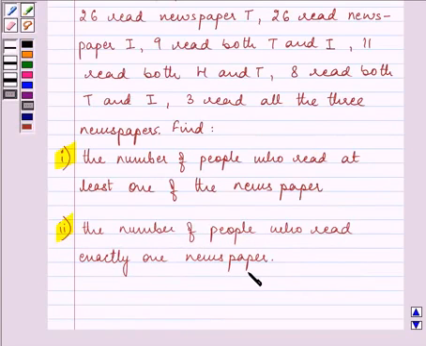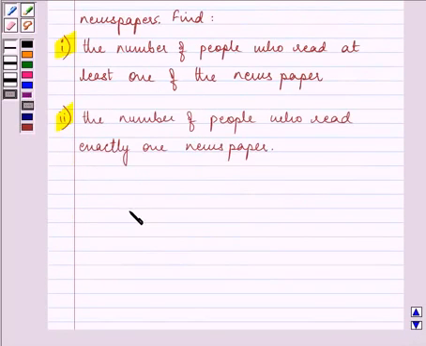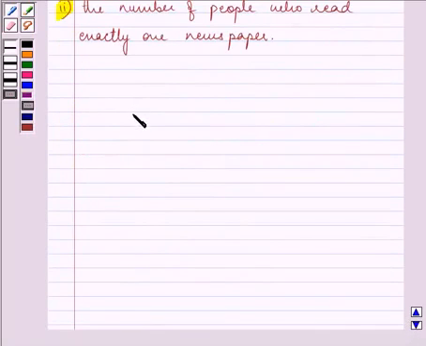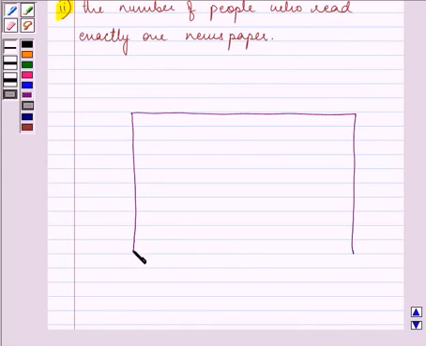Right, so in this question we'll use Venn diagrams which will show us the relationship between these sets. Let this be the universal set.